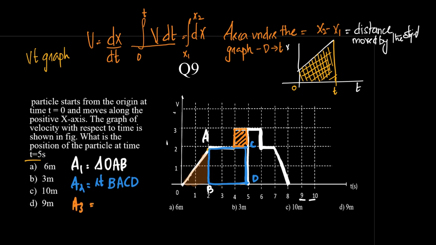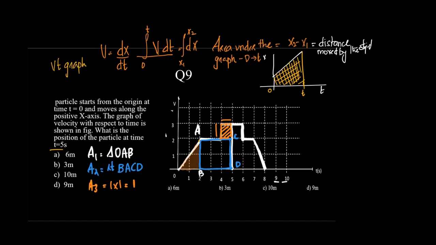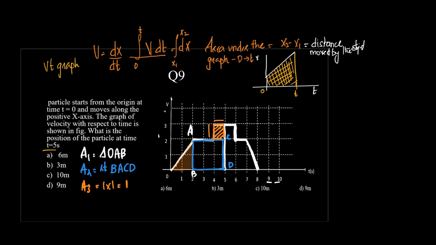We know that from the figure, length into breadth, 1 into 1. So it is 1 into 1. All right. Okay. Now, the distance traveled is equal to the sum of all this, right? Which is A1 plus A2 plus A3.